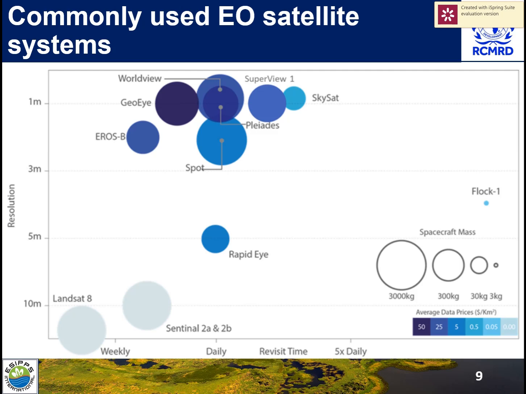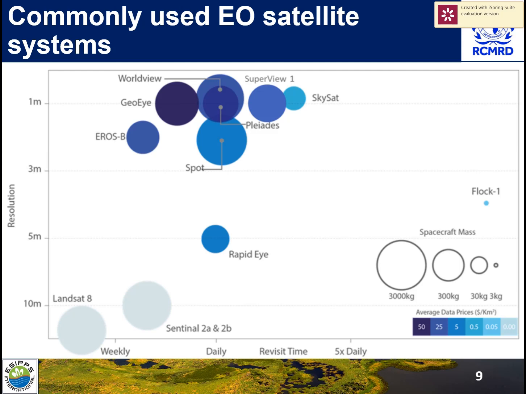So we see that Landsat 8 has a lower revisit time and also has a resolution which is a little bit high. When you look at the vertical scale, 10-meter resolution is coarse compared to 1 meter, which is on the top part of the scale.